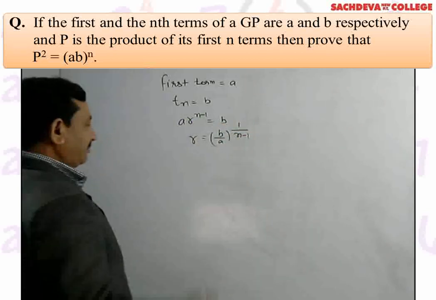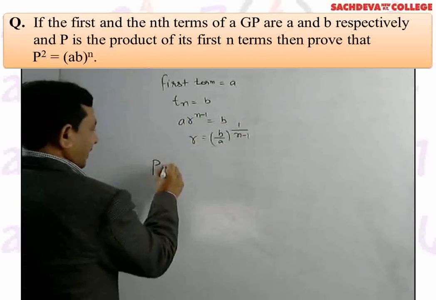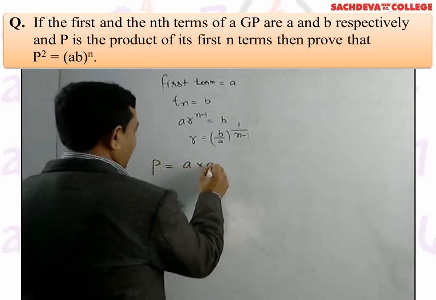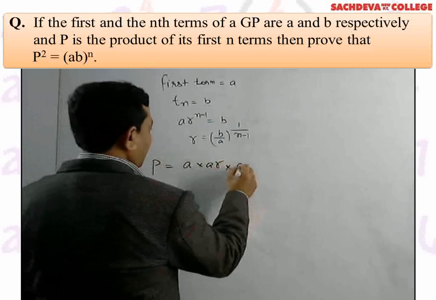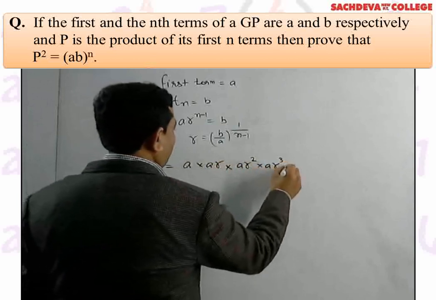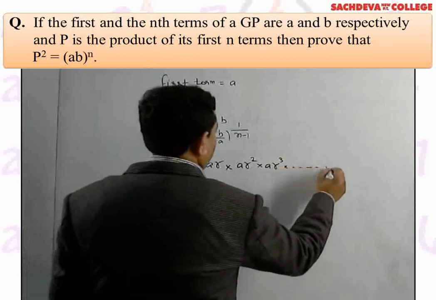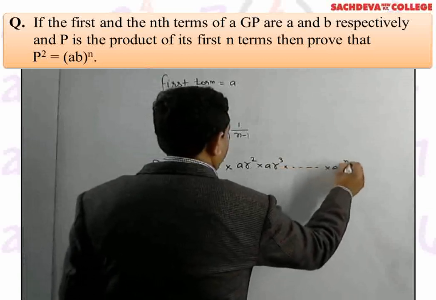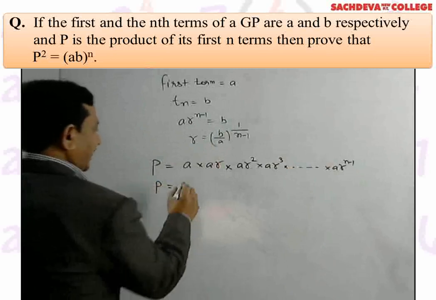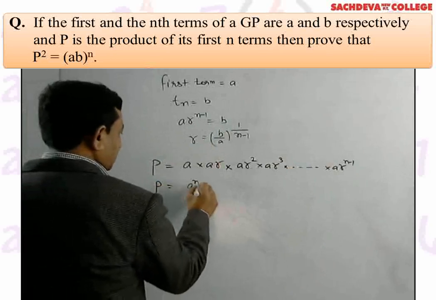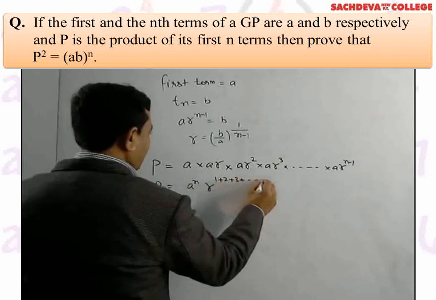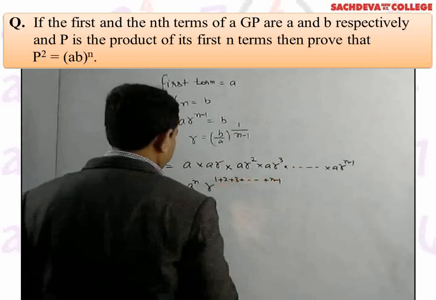Because given that P is the product of the first n terms of the series, P is equal to A into AR into AR squared into AR cubed and so on into AR to the power n minus 1. So P will be equal to A to the power n into R to the power 1 plus 2 plus 3 plus and so on plus n minus 1.